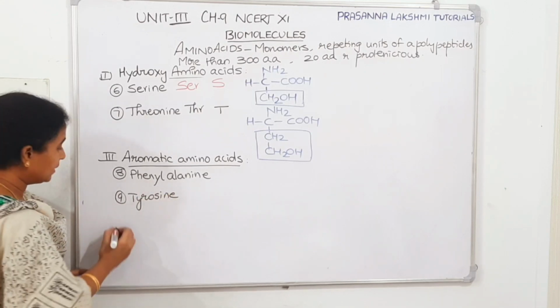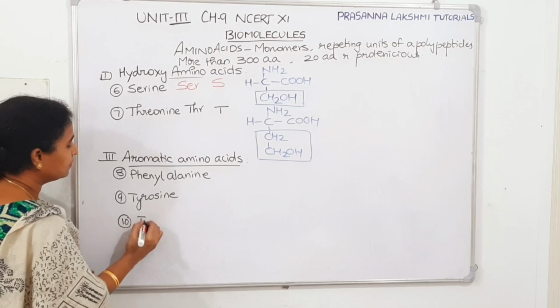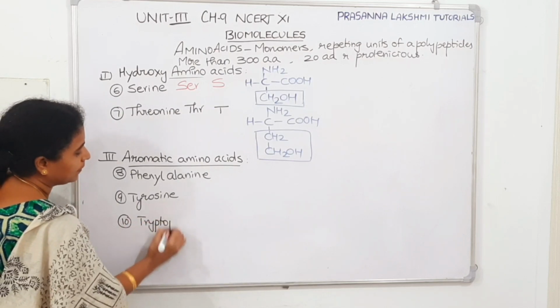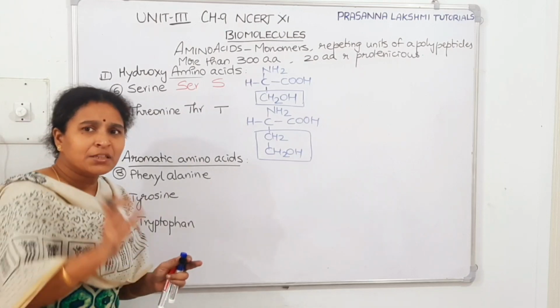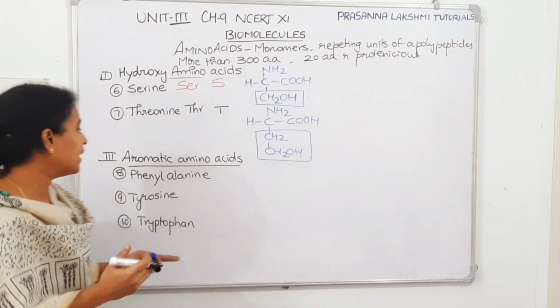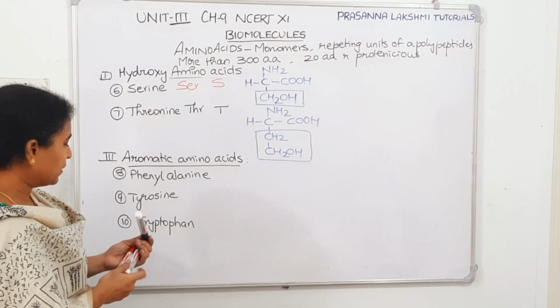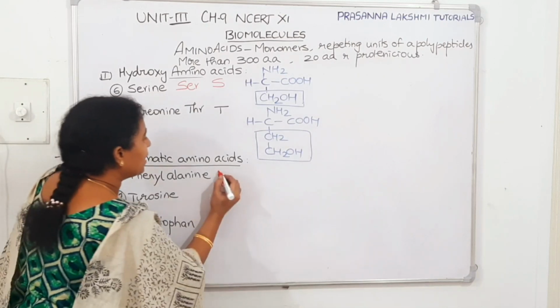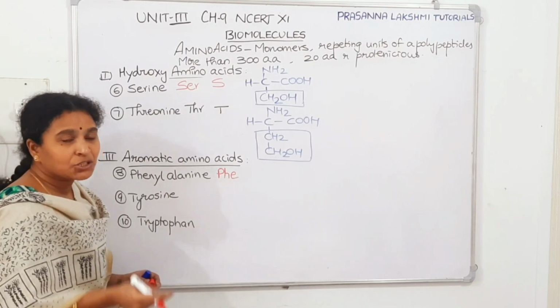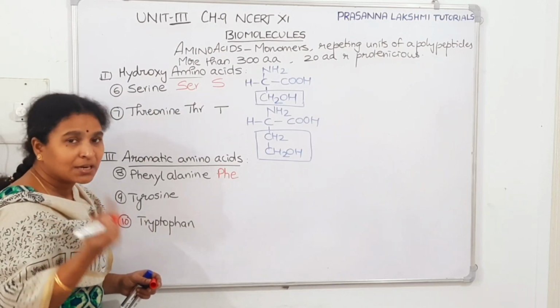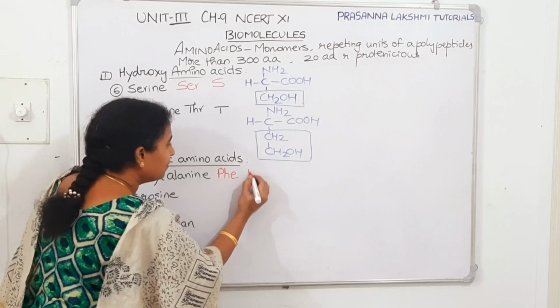And the third amino acid will be tryptophan. So, if you remember alanine, for alanine, bring the phenyl group, benzene ring, it becomes phenylalanine. So, the 3-letter representation of phenylalanine will be PHE. Single letter alphabetical representation P goes with proline, which is also another amino acid. So, we'll go with F then.